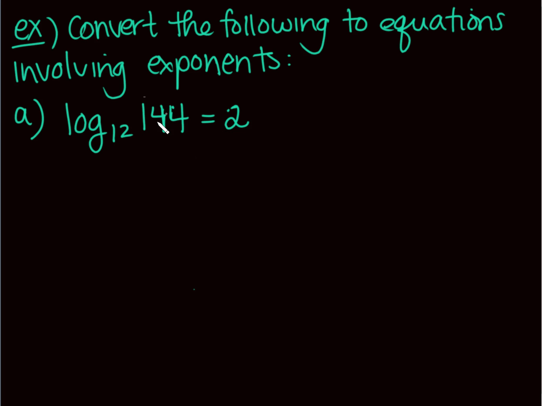So I'm involving logarithms. I want to switch to exponents. So where's my base right here? This number 12 is my base, right? It's the base for my logarithm. It's going to come across the equals sign and it is going to become the base of the exponent. So I get 144 equals 12 squared. It is right. It's fine.